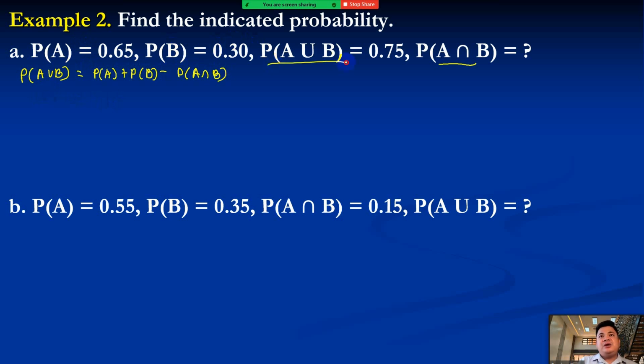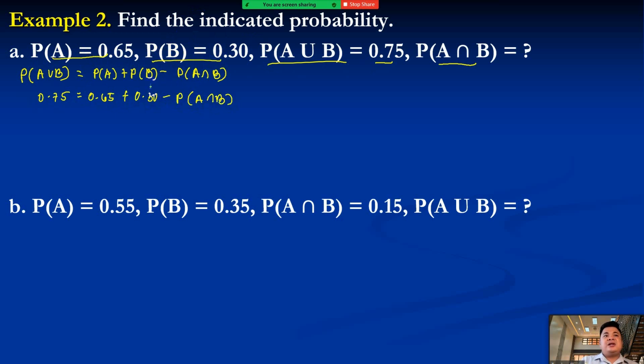The probability of A union B is already given, which is 0.75. Then the probability of event A is 0.65 plus the probability of event B, 0.30, minus the intersection, the probability of A intersection B, which is unknown.